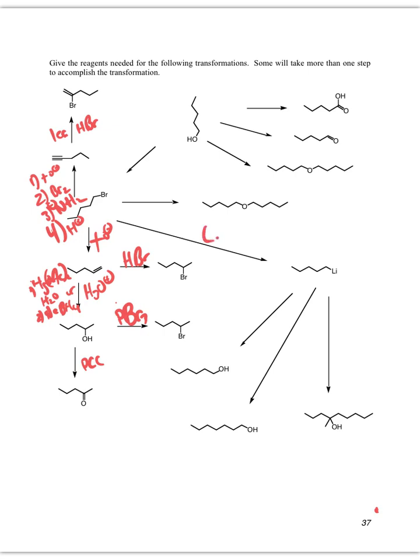To make the alkyl lithium, we just add lithium metal. To make the ether from the bromide, we need to have 1, 2, 3, 4, 5 carbons with an alkoxide on it to do an SN2 on the primary bromide. Here, for the alkyl lithium, we have 1, 2, 3, 4, 5 carbons.